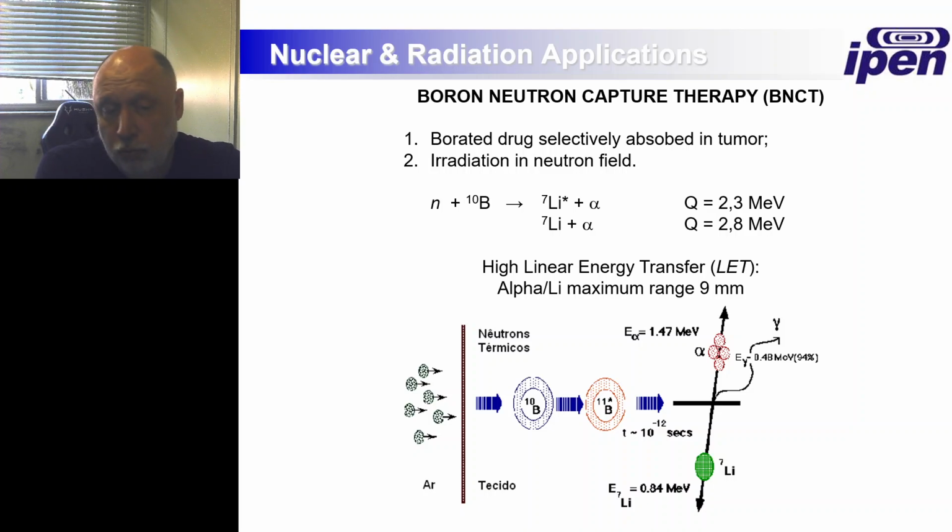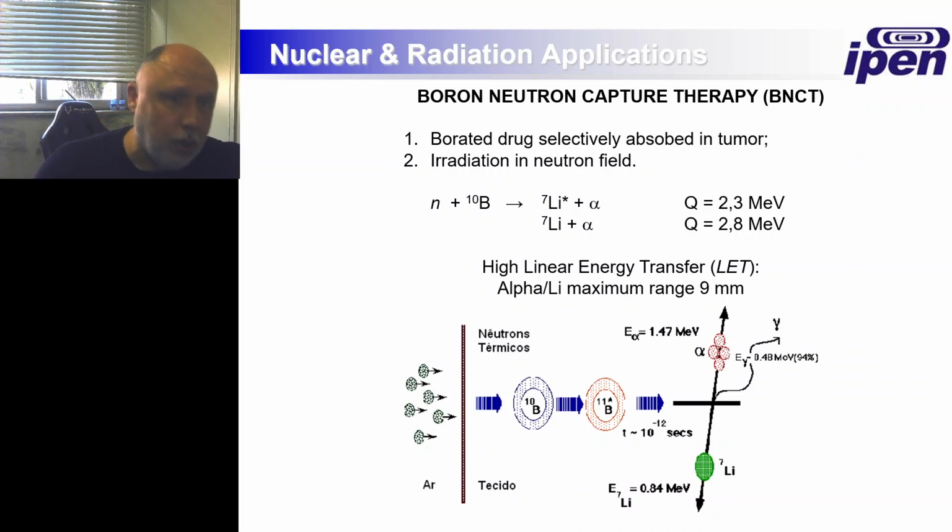Microns. Which means essentially if you could make sure an alpha particle is emitted inside a cancer cell, it will destroy this cancer cell completely, obliterate it, and it would give almost no dose at all to the neighboring nuclei or cells.